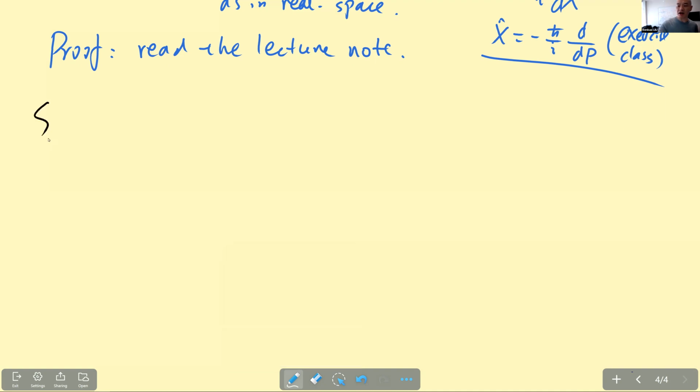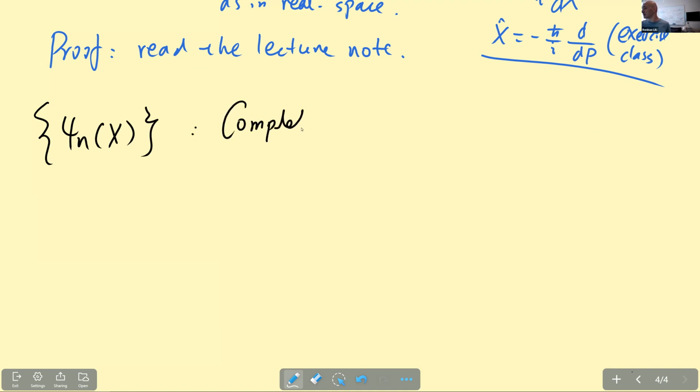So these states, all of these states, form a complete orthonormal set. We also call this one a basis. The reason that it's called a basis is that any function can be expanded like this one.